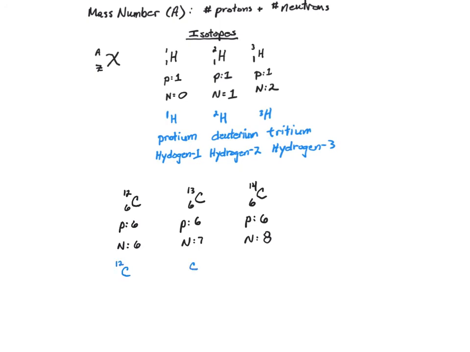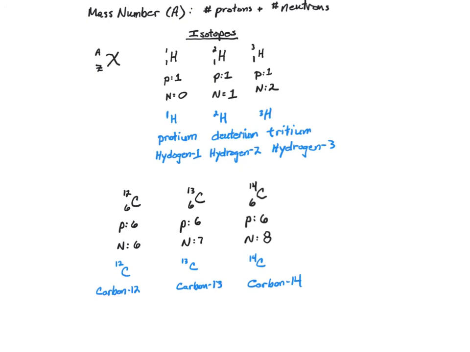So we could express each one of these just putting the mass numbers in. But we also have names that we can use. So this is carbon-12, then we have carbon-13 and carbon-14. There aren't any fancy names that we've given the isotopes of carbon.